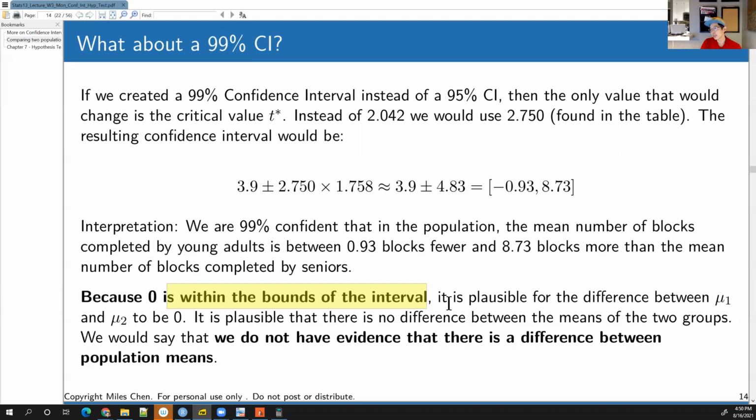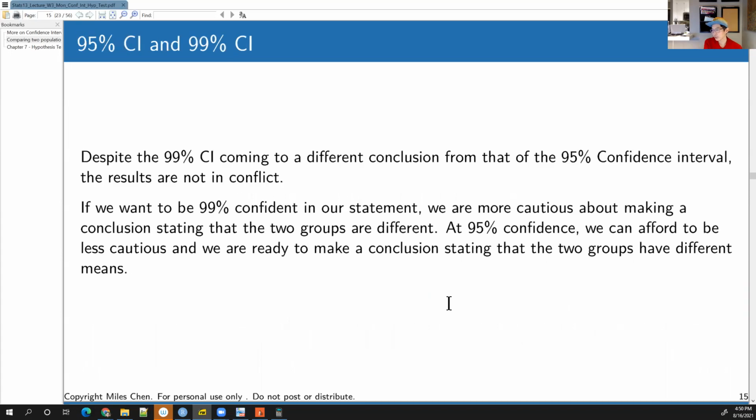We're not allowed to say that the difference between means is exactly equal to 0 or something like that. All we can say is that we don't have evidence of a difference, or we do have evidence of a difference. We're not allowed to say this is the number, okay? That's how confidence intervals work.